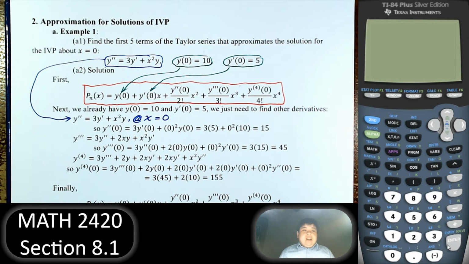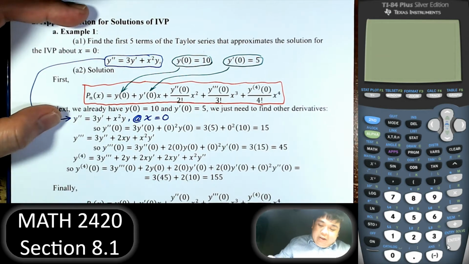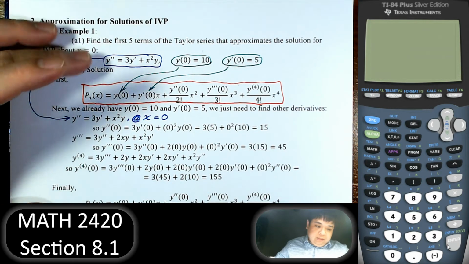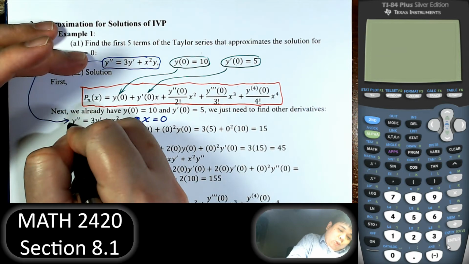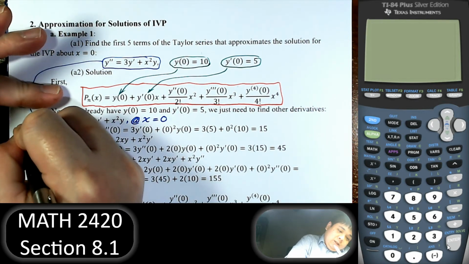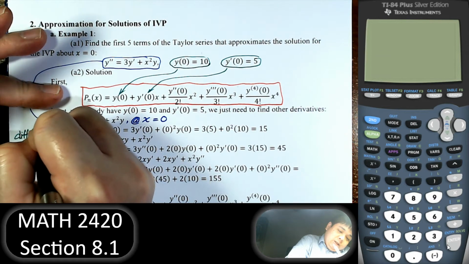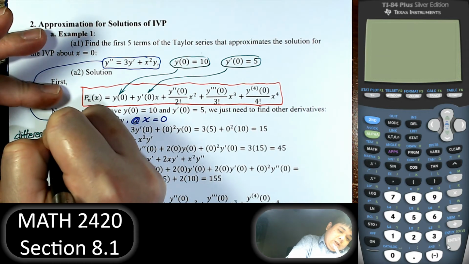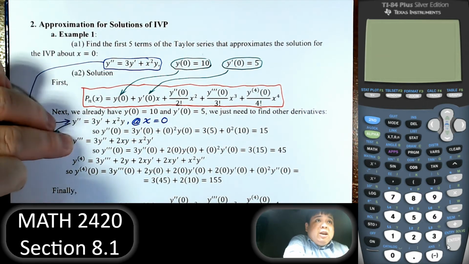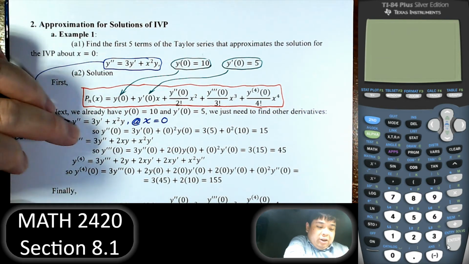Now, if that is the case, if we take the derivative from here, I will write from here to there, we differentiate. So differentiate, take the derivative of the second derivative, of course that's the third derivative.